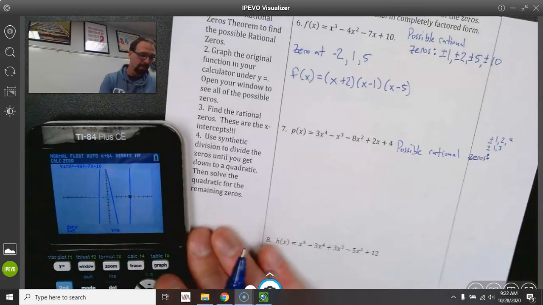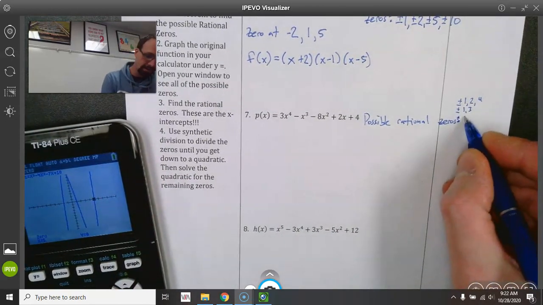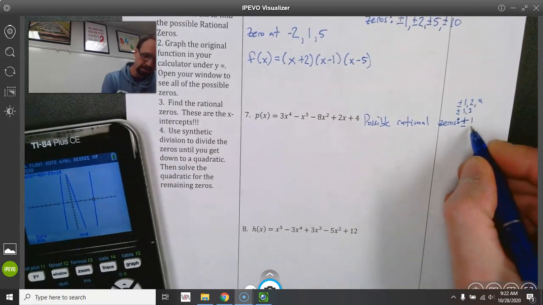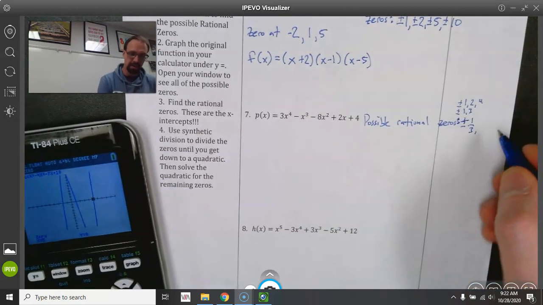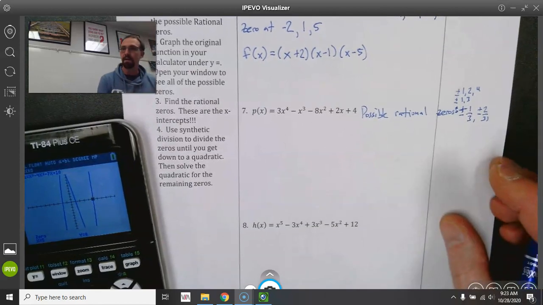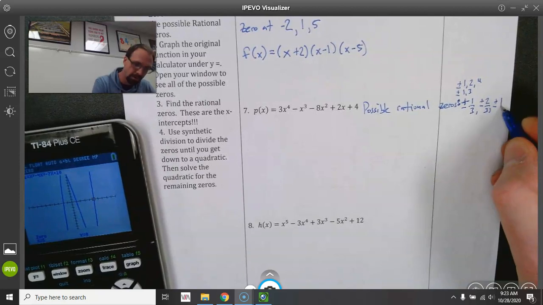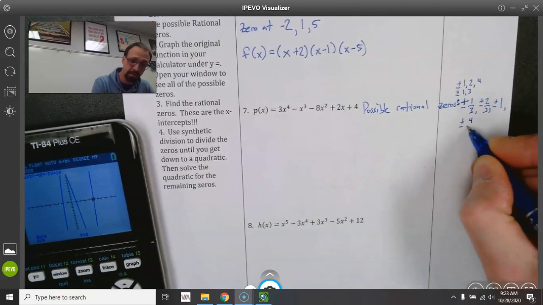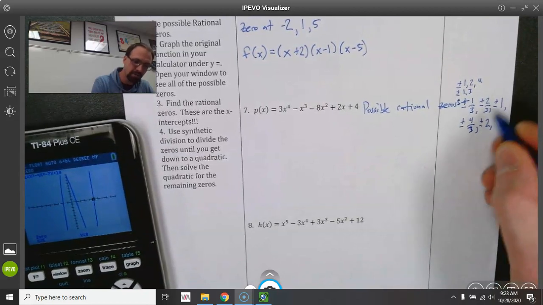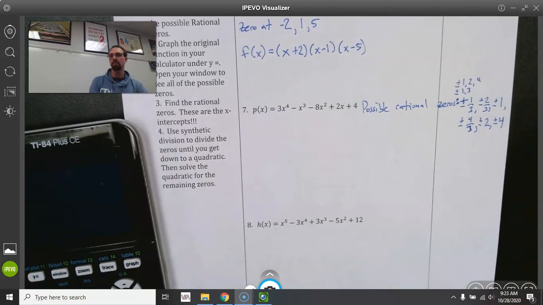When I list all my possible rational zeros, I'm going to first start with the values that are fractions: plus or minus 1/3, plus or minus 2/3. Then continuing on, plus or minus 1, plus or minus 4/3, plus or minus 2, and also plus or minus 4. Those are my possible rational zeros.